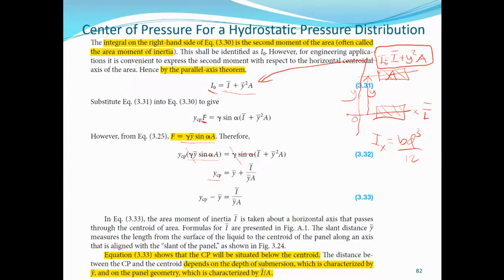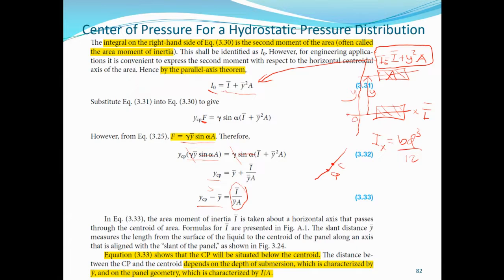This shows that the center of pressure is lower than the centroid because yCp minus y bar is a positive quantity. If it is a positive quantity, it means yCp is greater than y bar, isn't it? If it is greater than y bar, then for an inclined plane, this is the centroid, the center of pressure is below the centroid.